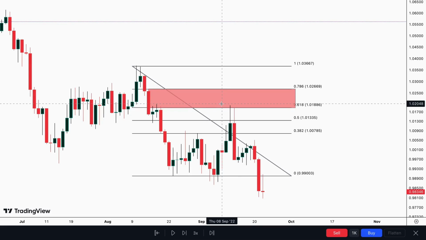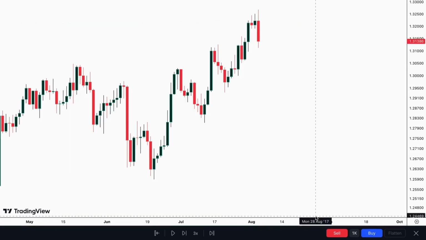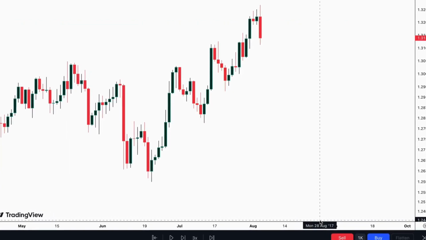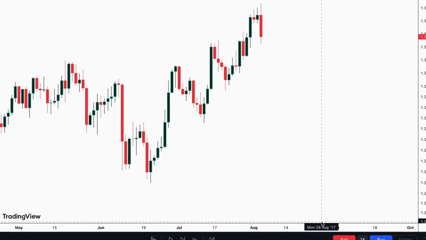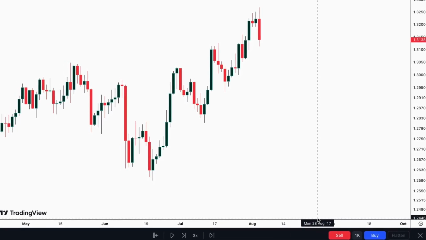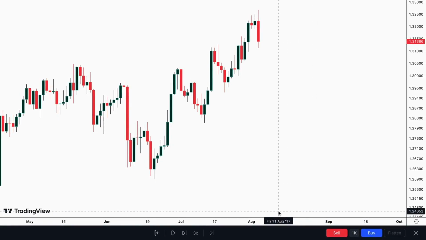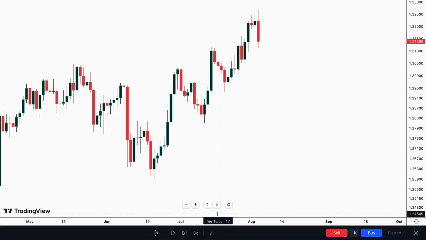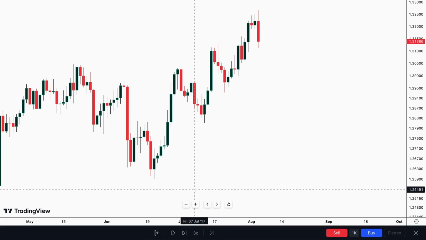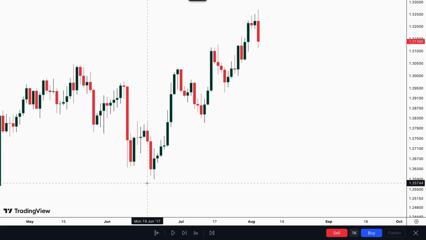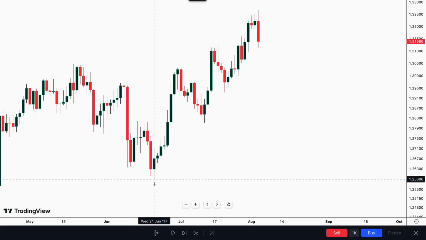Let us see an uptrend, guys. How about when the market is on a bullish trend, I mean, when the market has an upward trend? Let us see how we can use this Fibonacci to identify the end of the retracement. If the market trend is upward, you have to start with the bottom.